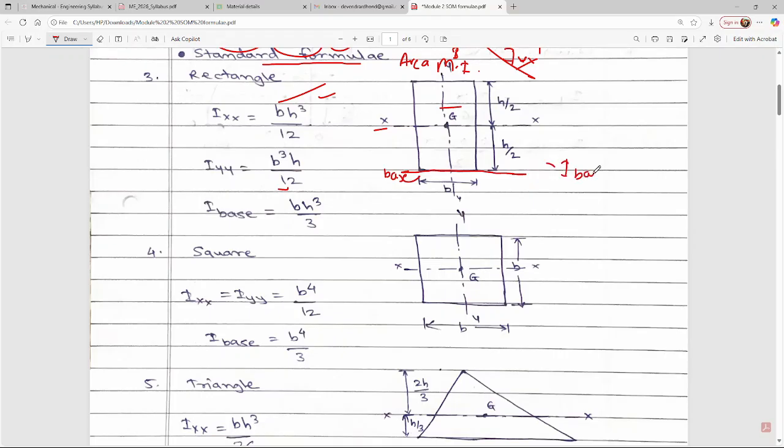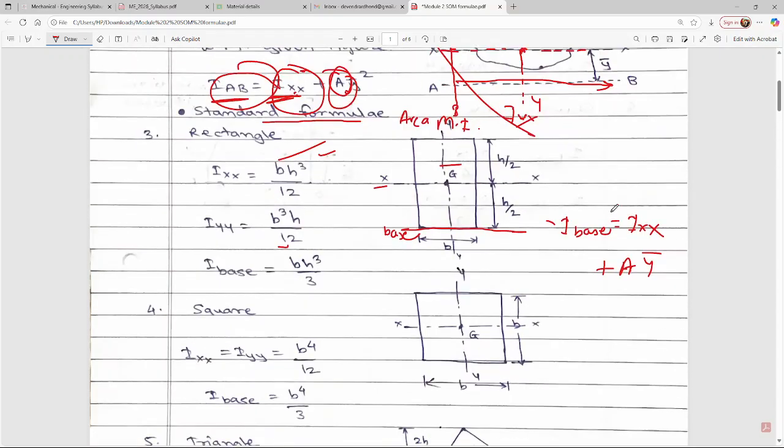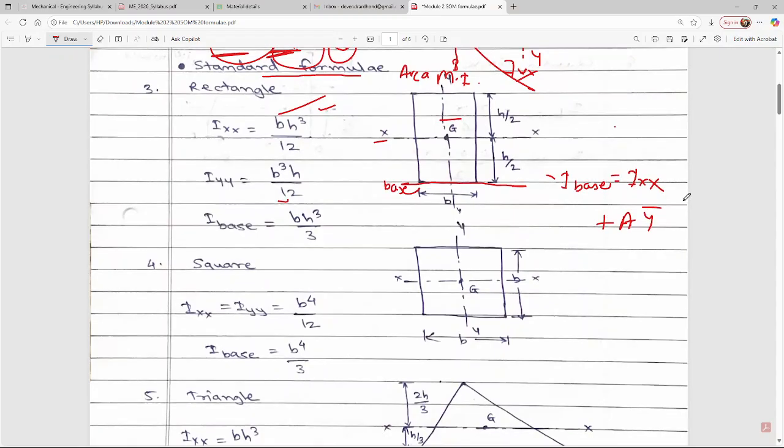what will be our parallel axis theorem? I base is equal to IXX plus A into y bar square, right? Here we know IXX. What is IXX? b h cube by 12.